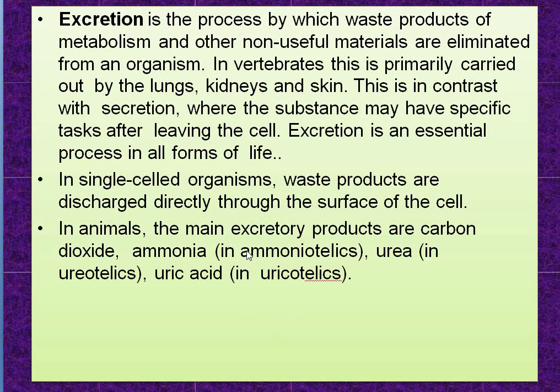These are the principal ones. So excretion actually is the process by which the waste products of metabolism, not only metabolism but all other non-useful materials which have accumulated in the body, have to be eliminated from the body of an organism.